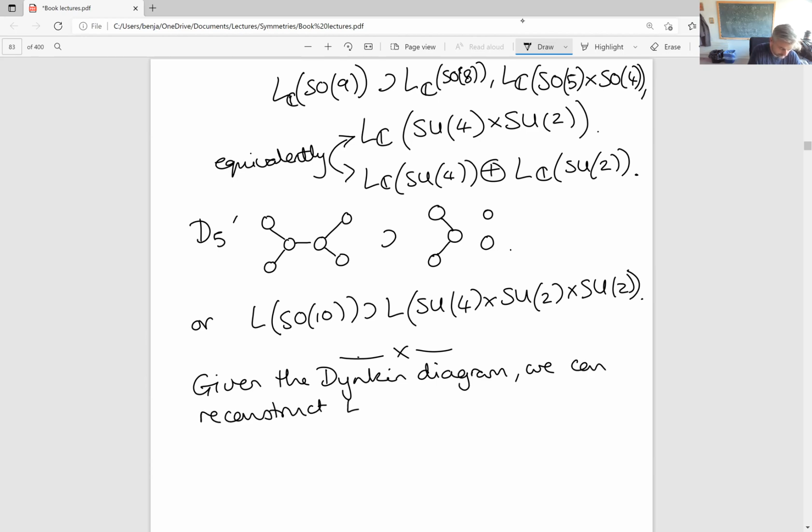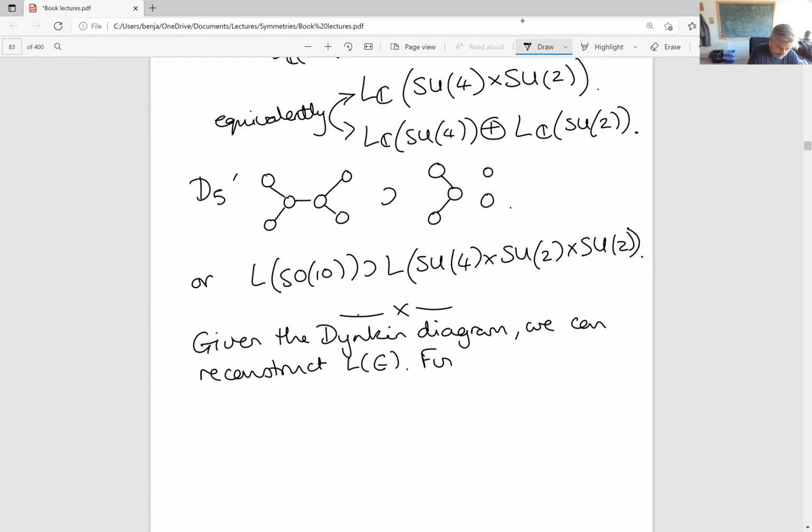So first, we determine the Cartan matrix A. And this is just read off the diagram.